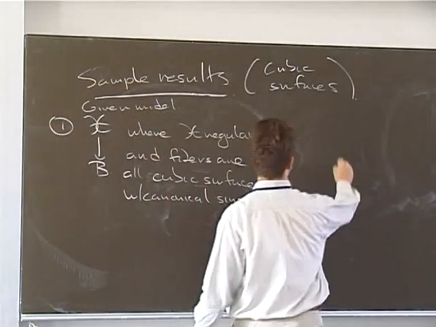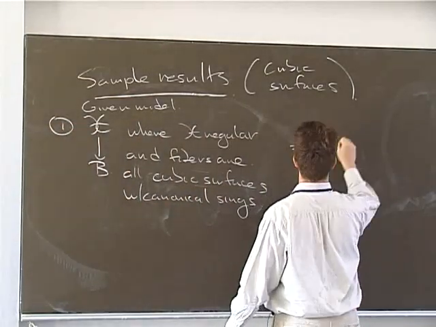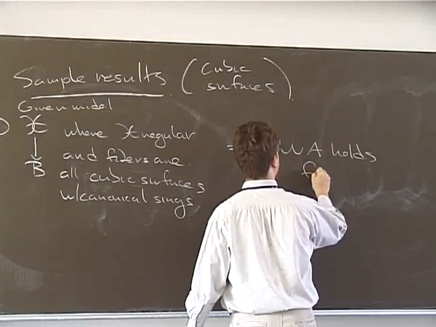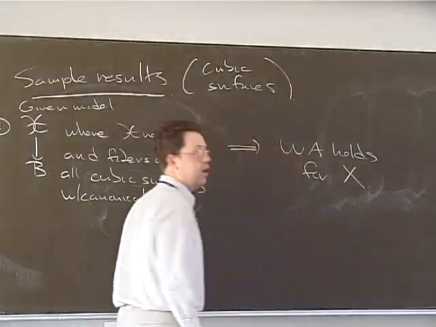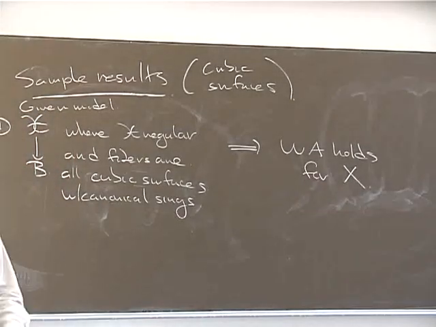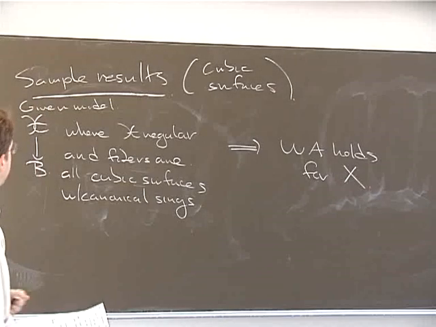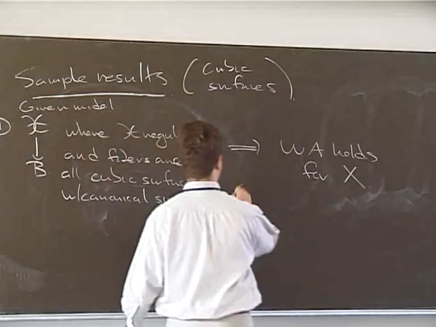Then weak approximation holds for the generic fiber. So this includes situations where you have, in some sense, a generic family of cubic surfaces. So this includes the square-free discriminant case.